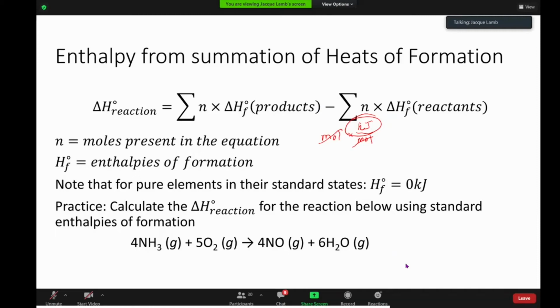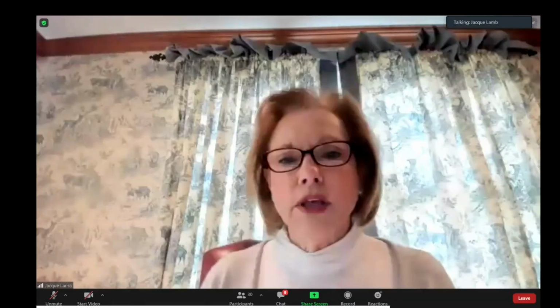We're going to calculate the delta H of reaction for this particular reaction using the enthalpies of formation. Your book doesn't have a really good table. The appendices you were given do not have a good table.